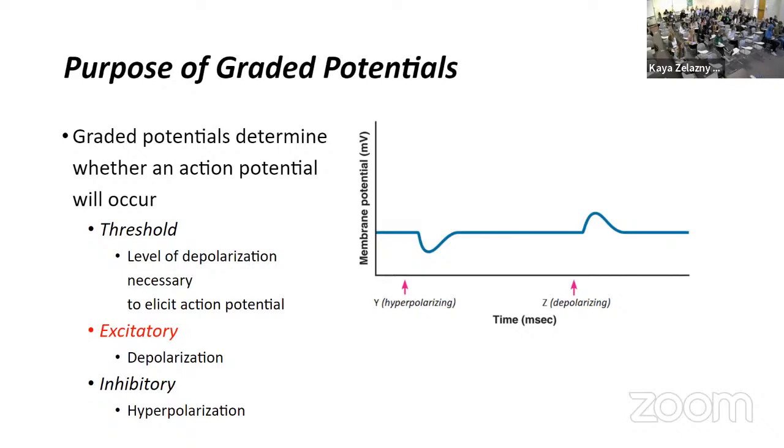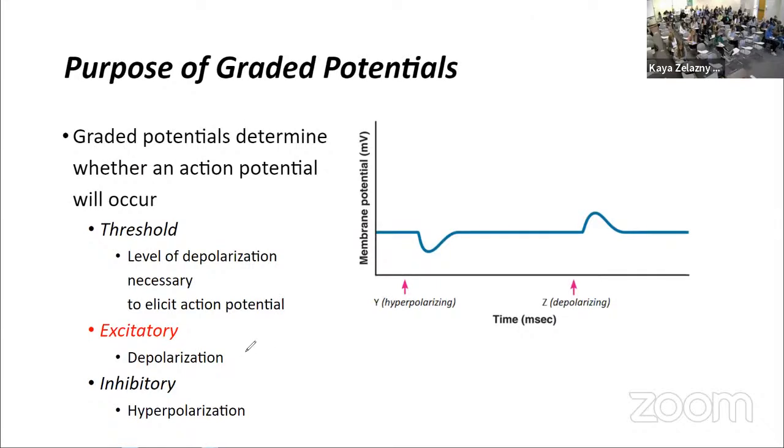Okay. So we can refer to graded potentials and other potentials in general as either excitatory or inhibitory, which are going to pair up with our ideas of depolarization and hyperpolarization. An excitatory potential is depolarizing, an inhibitory potential is hyperpolarizing, and we'll talk extensively about those terms as we move through the rest of our unit. But looking at these right now, these are referring to directions, okay?